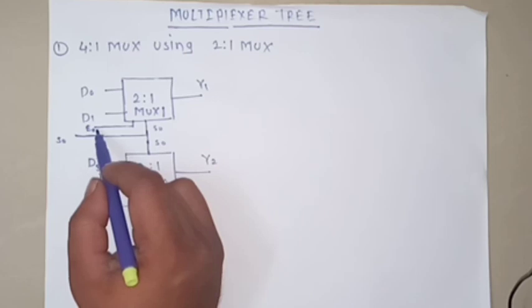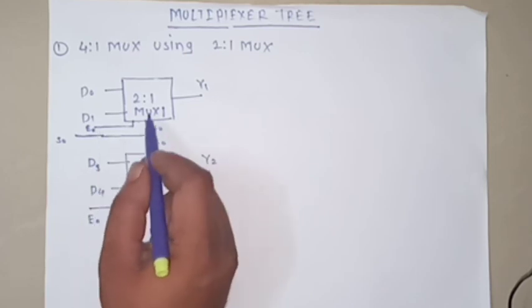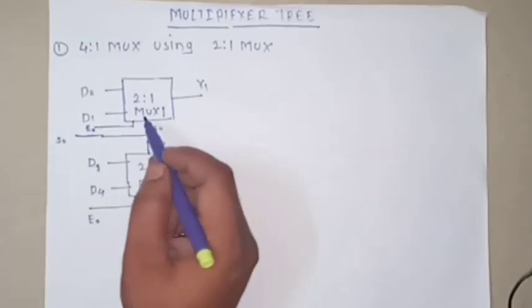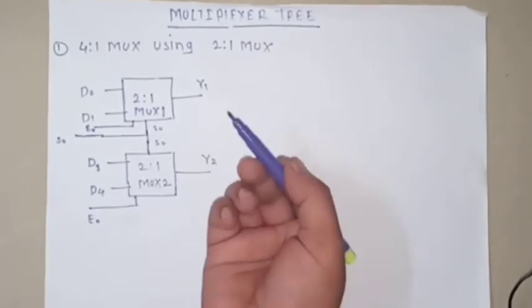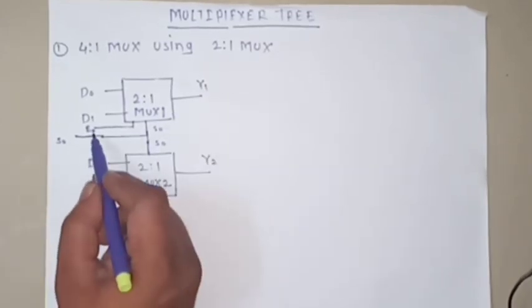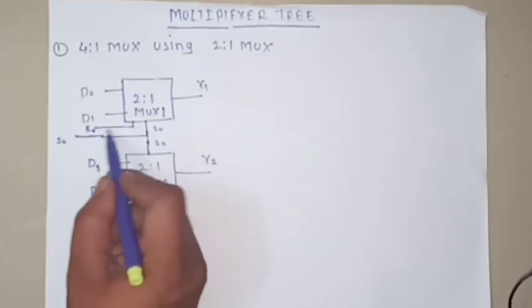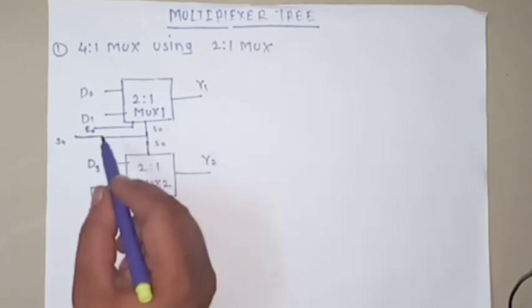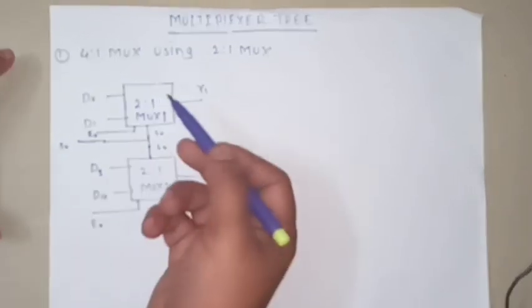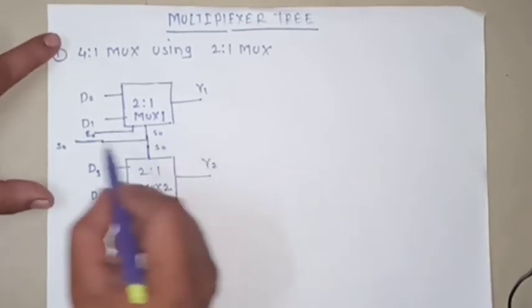Suppose I provide 0 here: if the enable line is 0, this mux will be in the deactive condition, meaning it will not work. But when we provide E equal to 1, the mux is in the active condition. So to enable or disable we use the enable signal.